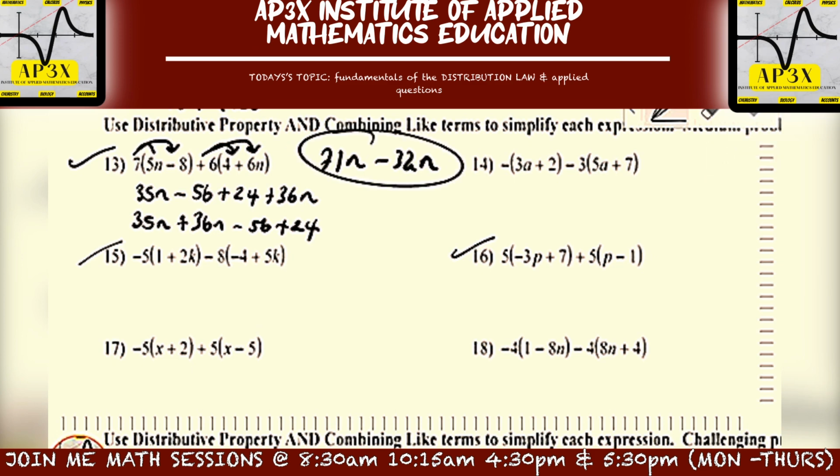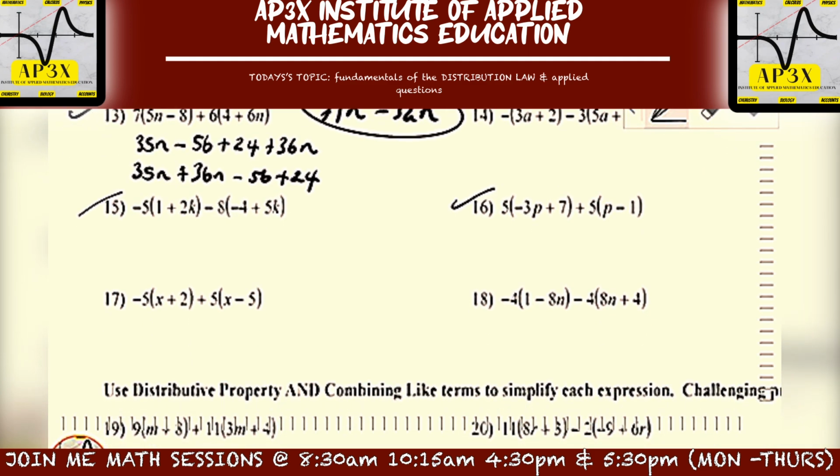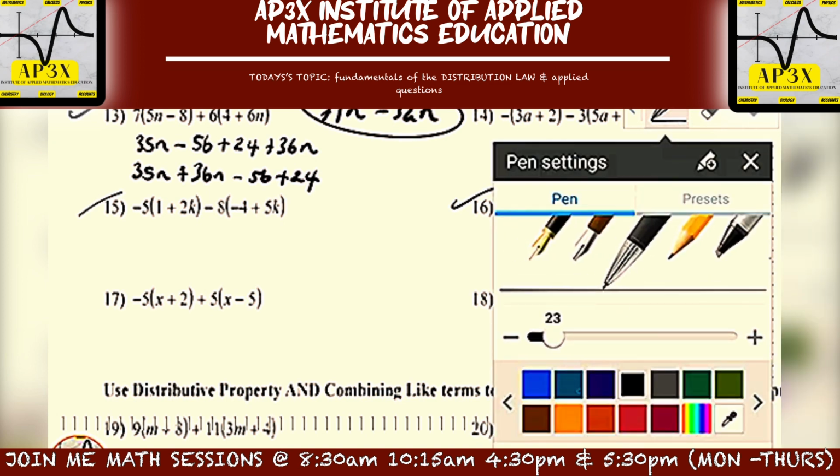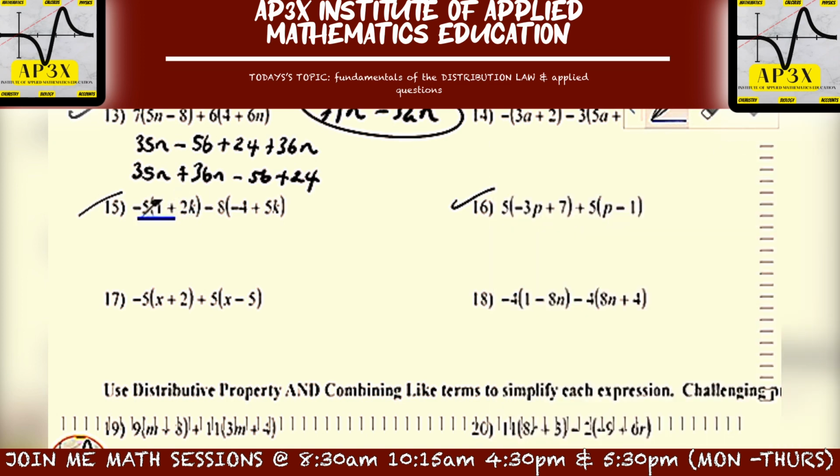Okay. Let's then look at question 15. Now, what we're looking at is distributing the minus 5 here and here, distributing the minus 8 here and here. And there's going to be a lot of sign clashing here. So minus 5 times 1 is minus 5, and minus times a plus gives you a minus, so be careful not to bring down the sign.